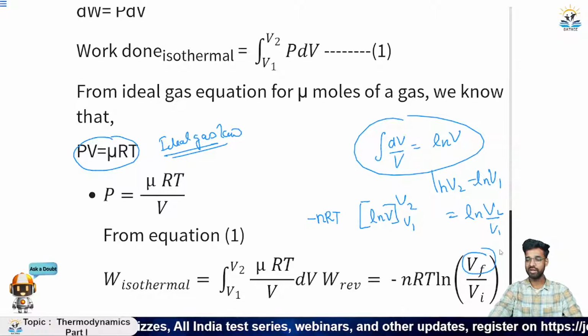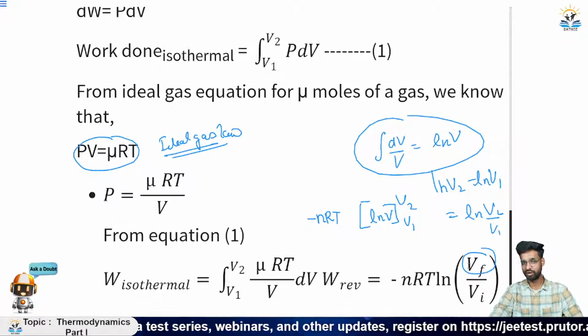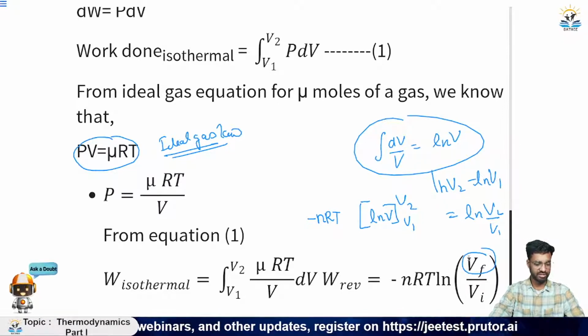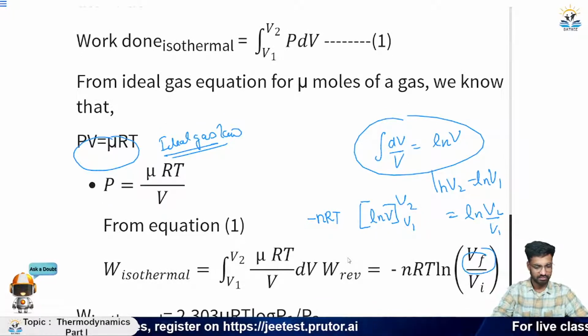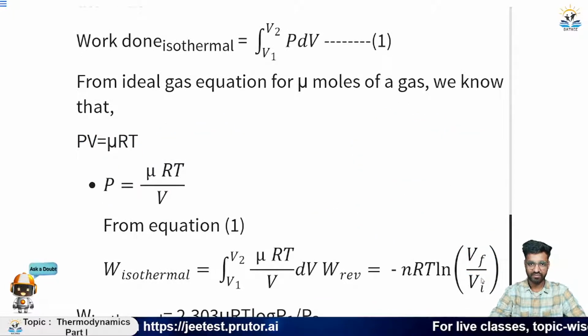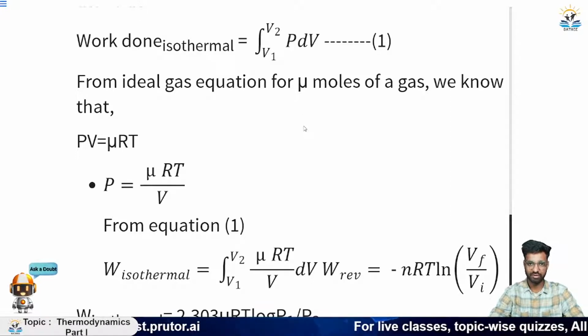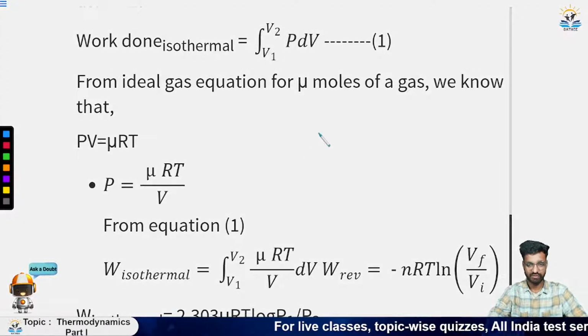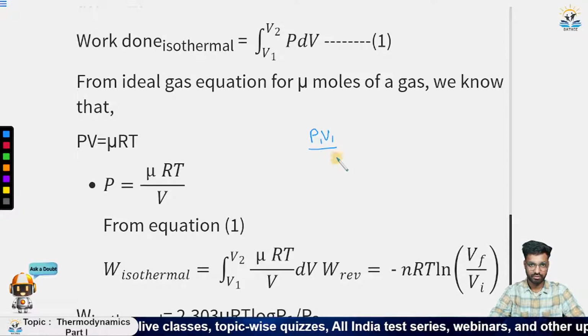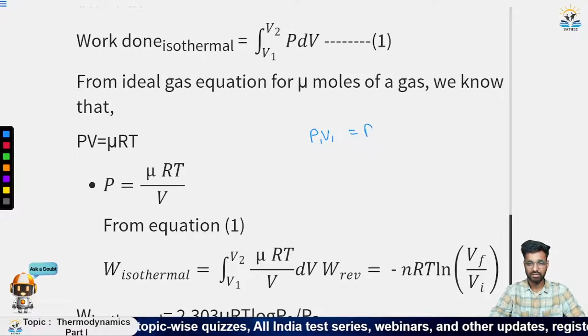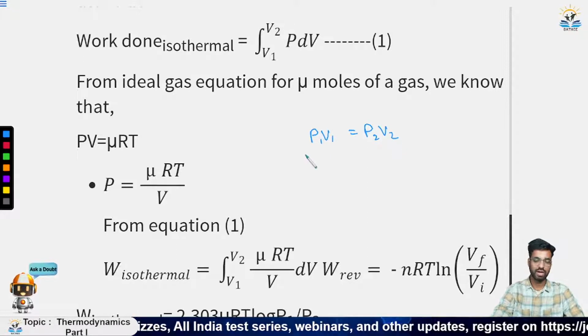Now suppose we are not given the volume change, but we are given the pressure change. How will you do it? We will replace V final, V initial by P1, P2. Suppose we have the values P1, V1. We know it from the ideal gas equation.